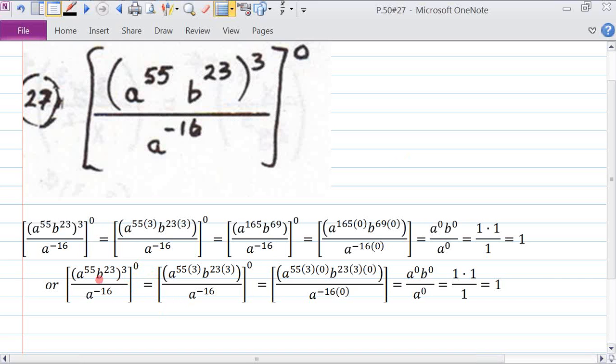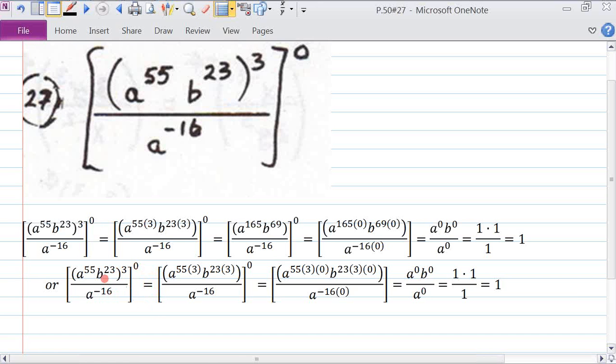Now, in this case, what I'm going to do is multiply consecutively first this coefficient by the 3 and then the 0. Multiply this coefficient by the 3 and then the 0. And multiply this one only by the 0.